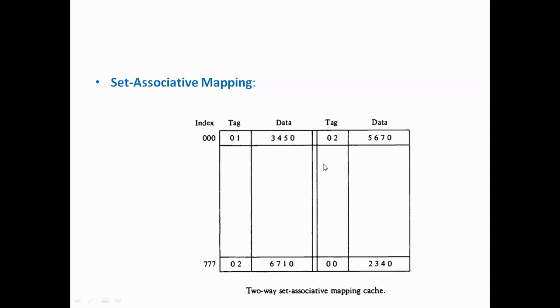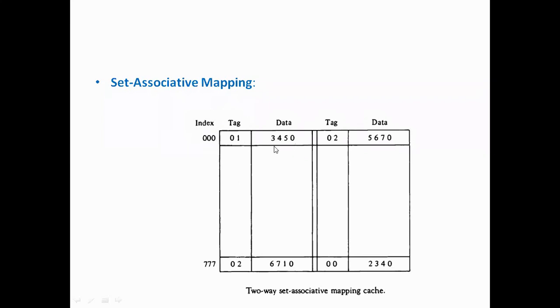Replacement occurs only when the index is the same but the tag is not matching. So if the CPU says 03000, we can see 000 is here but 03 is not here. So we have to do a replacement. Someone has to move out and 03 will come in its place.